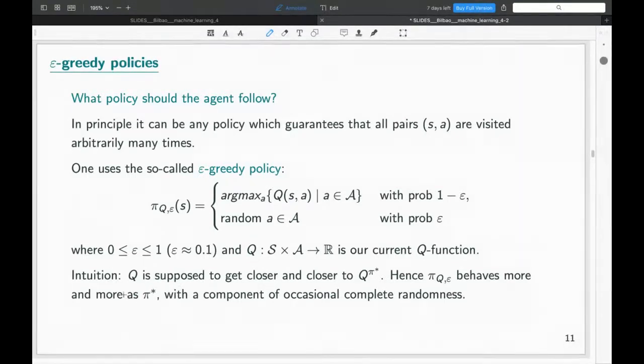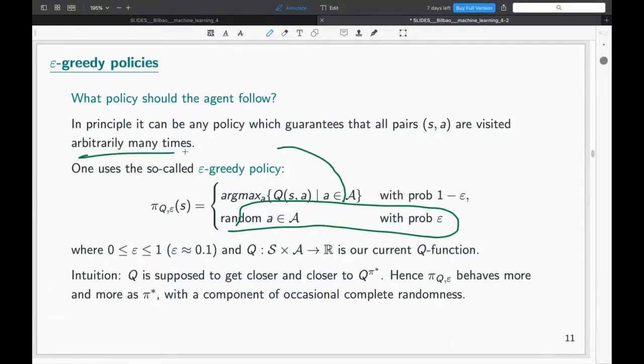So this policy kind of makes sense. You need this part to make sure this condition holds. So you want to visit all pairs a lot of times. You need it to compute the correct Q(S,A) values at these pairs. But then, besides this, it makes sense that it is greedy, because our Q value is supposed to get closer and closer to the Q values of the optimal policy.